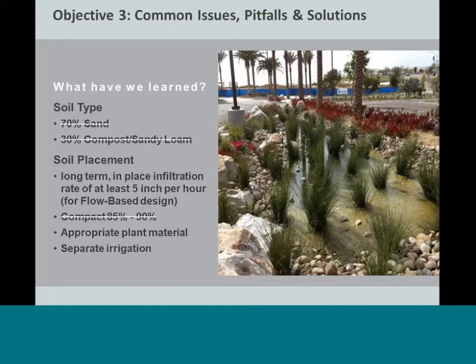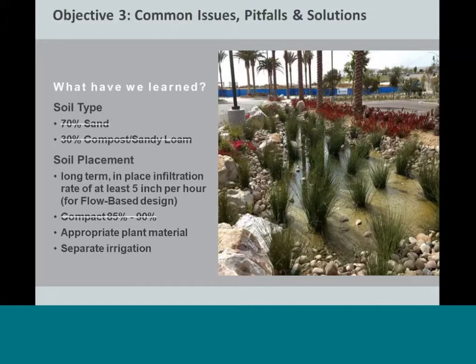Soil placement: a lot of the design I've done has required 5 inches per hour as a perk rate for the soil mix. That's really important if it's more of a flow-based design that's trying to treat the water during the storm, and if you have a subdrain system, for instance. If you're not doing a subdrain system and it's an infiltration-type bioretention facility, then you don't really need 5 inches per hour.